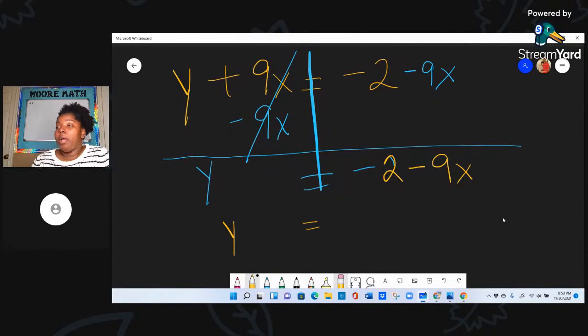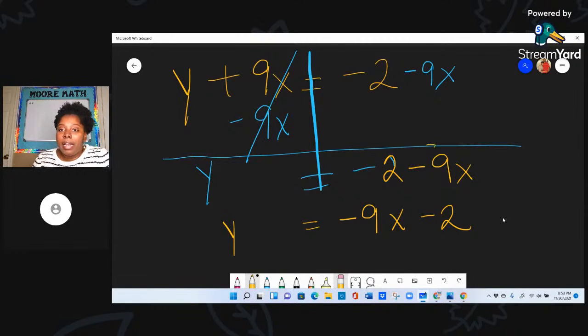We're just trying to get the right side to look better. -9x. Yes. -9 what? X. Okay. What else? -2. There we go. You see it? All we had to do was switch it around. That's it.